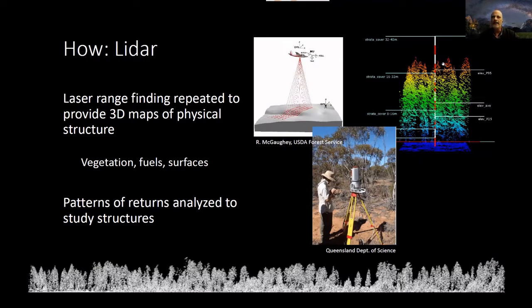And any single point, any single return isn't going to tell you very much. But by analyzing the relationships of these returns together, we can learn a great deal about the structural fuels of fire. Two common methods are airborne LiDAR, carried in planes or uncrewed vehicles, and terrestrial LiDAR on a tripod, and now there will be one talk in this session that uses spaceborne LiDAR.